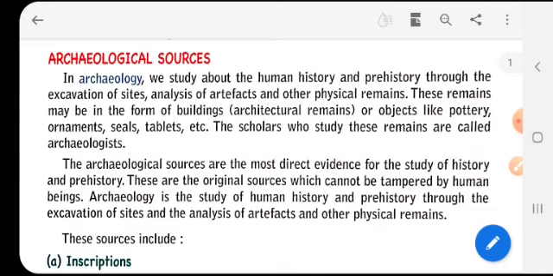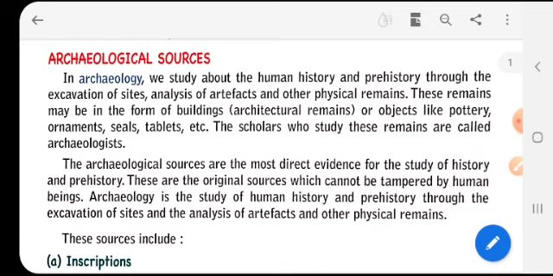These remains may be in the form of buildings. When we dig a place, whatever we get can be the architectural remains of the buildings that were made in that period, or objects like pottery, ornaments, seals, tablets, etc. We can even get some utensils or ornaments, or some seals or tablets regarding the information we require of that age.